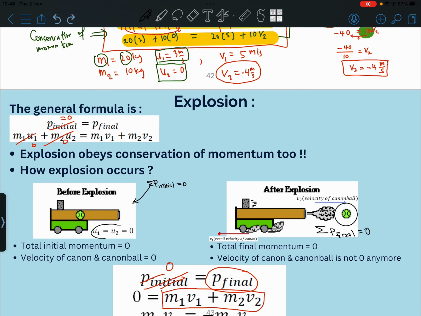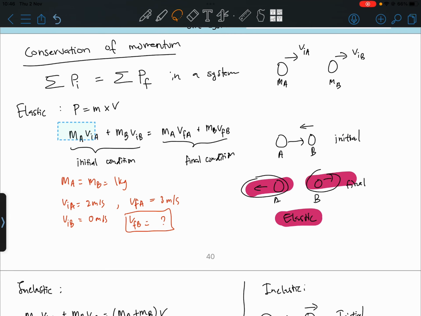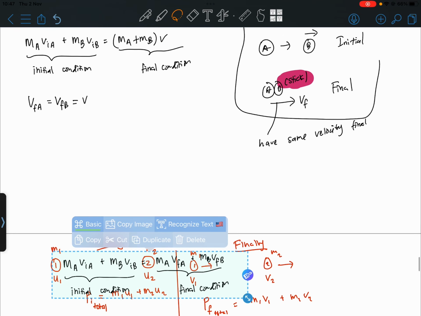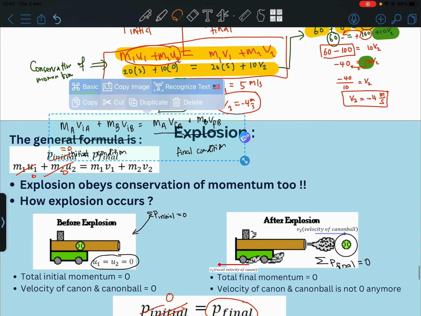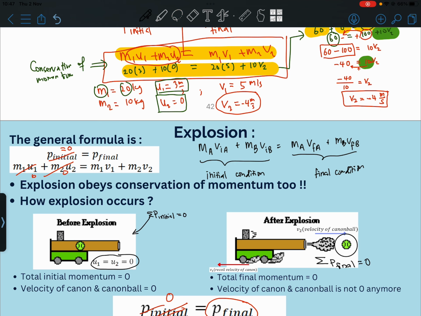So I can use the same formula from here. This still implements the same formula, no worries. This is very easy. But remember what I said, the initial velocity of the cannon and the cannonball is 0. So this is 0, this is 0.